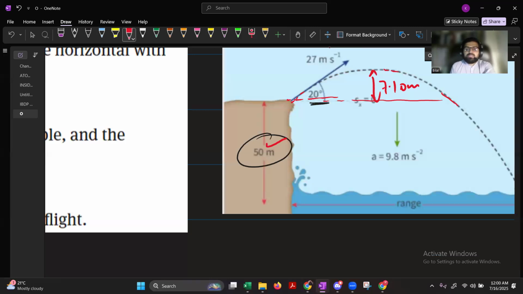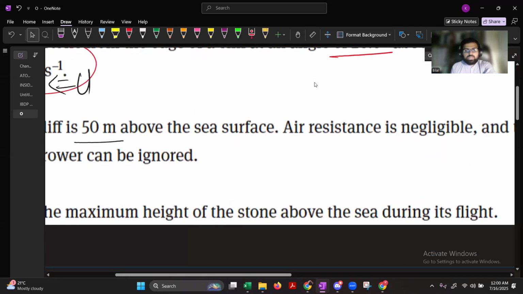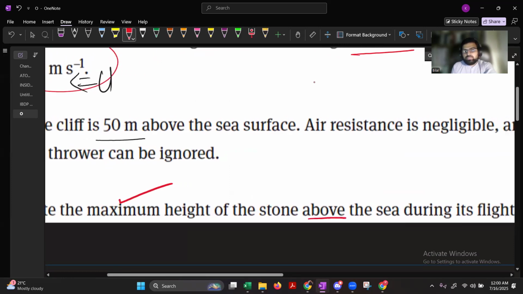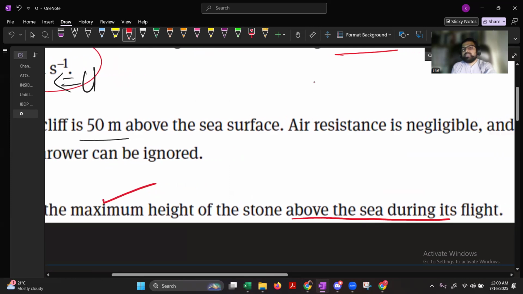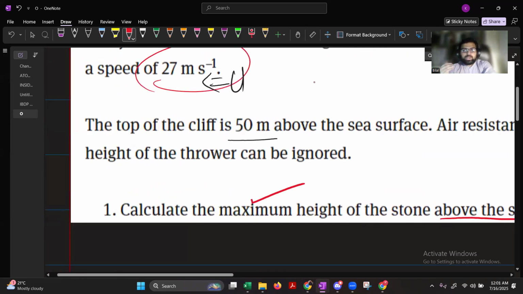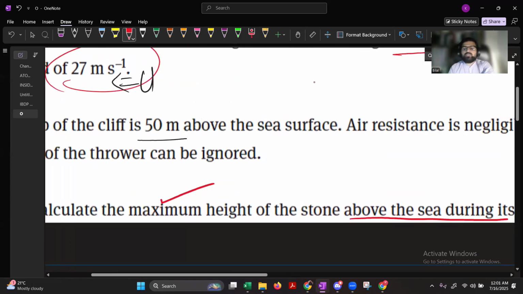If you have to calculate the whole height, you will add this 50 meters to the 7.10, because we have to calculate the maximum height above the sea. This is the main thing. If the question says calculate the maximum height above the cliff, then it will be 7.10.